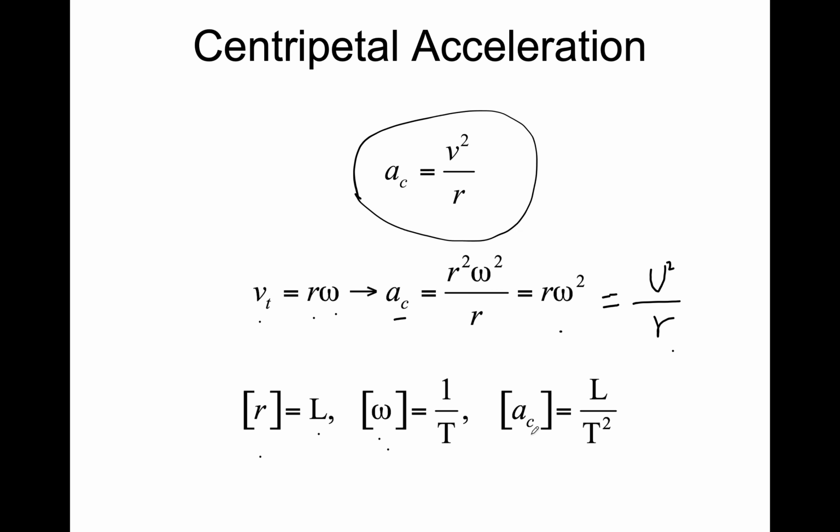Centripetal acceleration, we can find it from here. The dimension of r is L, the dimension of omega is 1 over t, so the dimension of centripetal acceleration is length over t squared. It's exactly the same dimension as we learned before for acceleration. Acceleration is L over t squared.